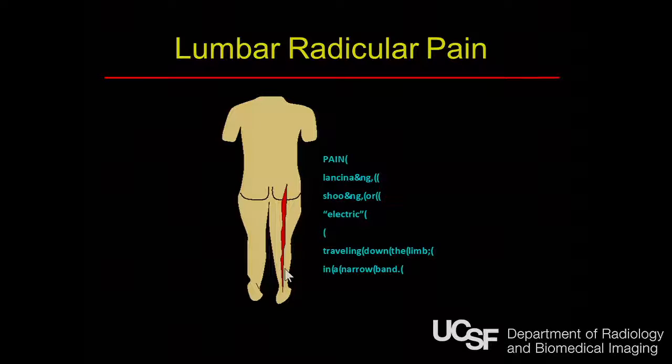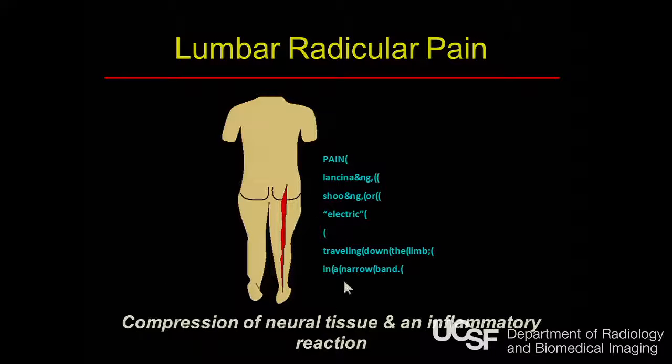Lumbar radicular pain is defined as lancinating or electric pain that travels in a narrow band along a dermatomal distribution down the leg. And lumbar radicular pain is different from referred pain from facets, for example. For those of you that are seeing patients and doing spine intervention, you'll know that the referred pain syndromes tend to be more dull pain, whereas true lumbar radicular pain travels along a narrow band and is sharp or electric-like.